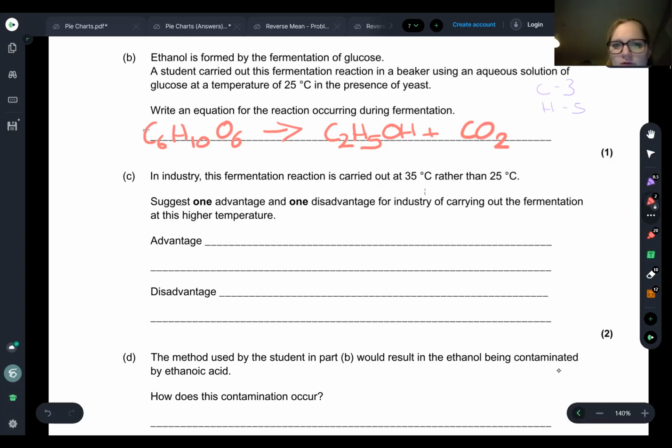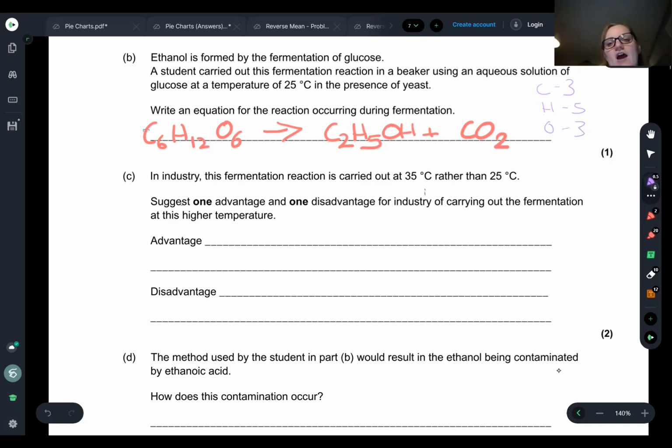And oxygen, we've got 6 on one side, and then on our products, we've only got 3. So we need to balance this up.